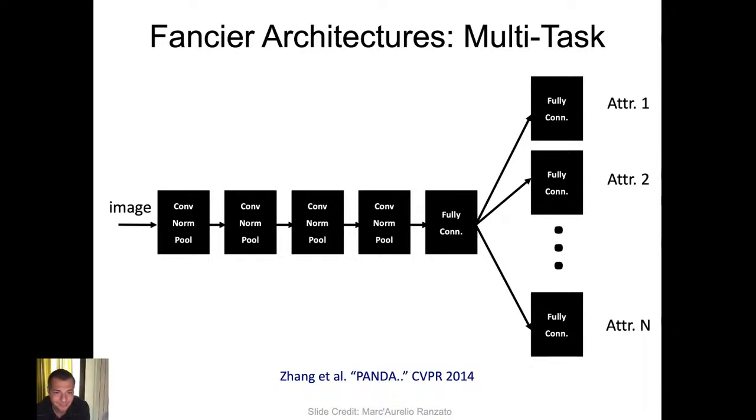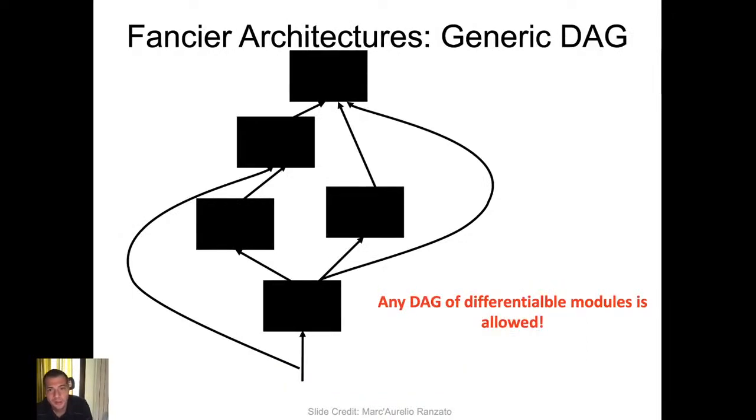Another idea is to train a single architecture for different tasks, so the same architecture can solve different tasks, and you can achieve some robustness in this direction.